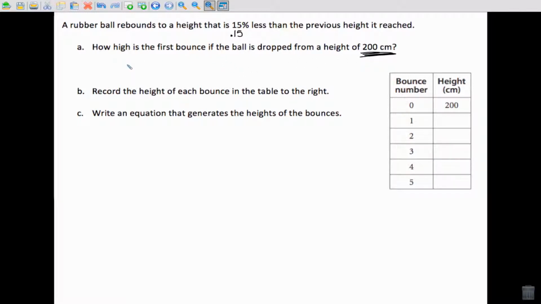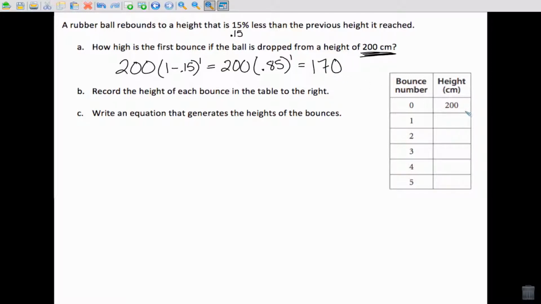So 200, and then we're losing 15%, so times 1 minus 0.15, or that would just be 200 times 0.85, and this is just after the first bounce, so just to the exponent of 1, and that would be 170, right?